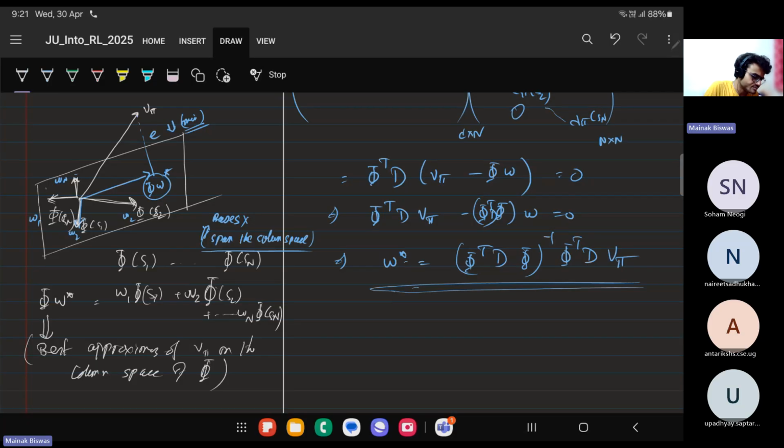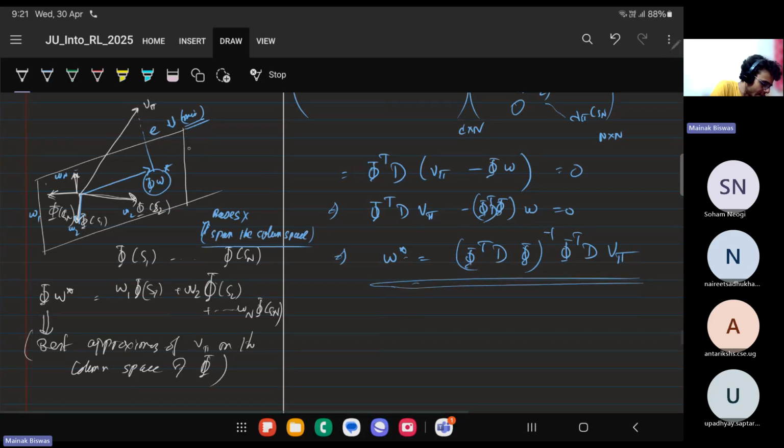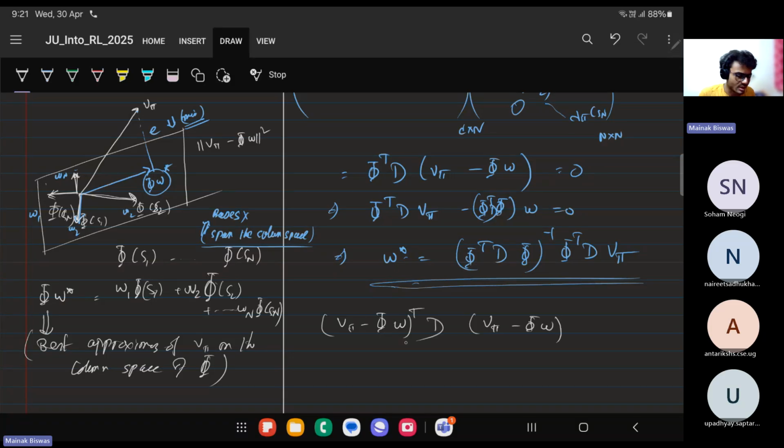Okay, this is one. And the other one is, so this is your normal error term, V pi, you are minimizing the L2 loss. But the other loss that I have here is V pi minus phi W, the norm weighted by D. Correct? This is the other loss.